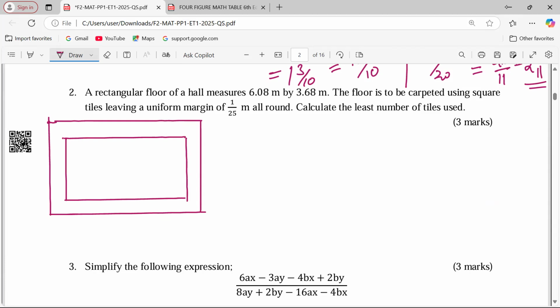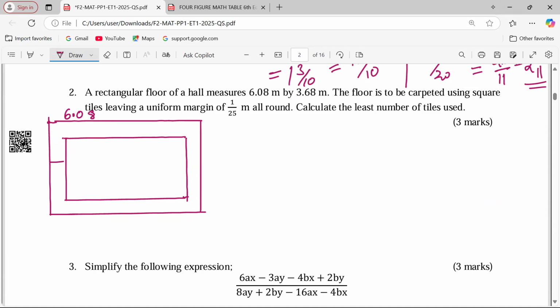So now, as we carpet the floor, we shall be leaving a margin all around, equivalent to 1 divided by 25 of a meter, which is 0.04. Therefore, the outer length is measuring 6.08 meters.